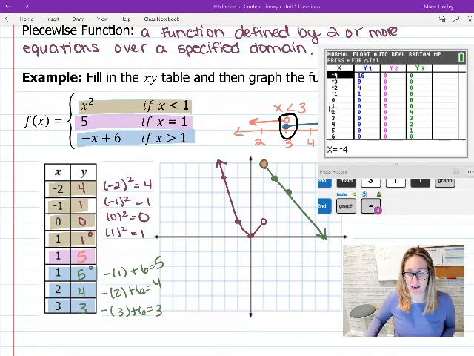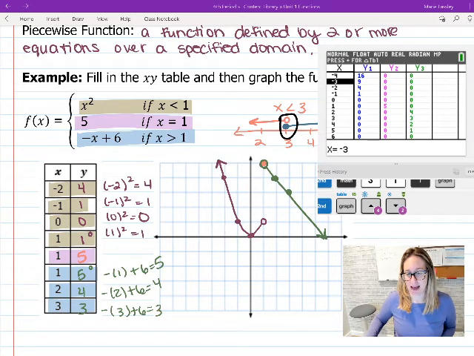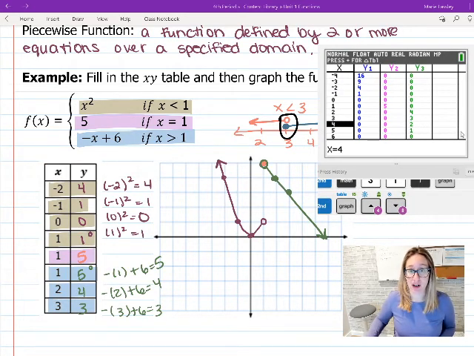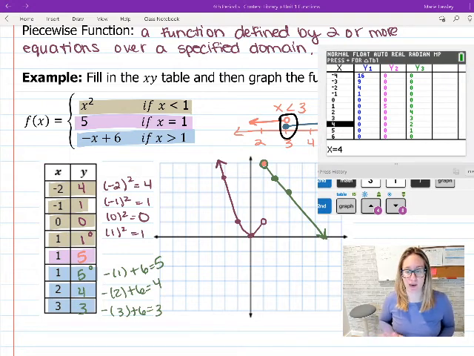When x is just 1, we're using the middle equation. And for values greater than 1, we're using this last equation. So in the table feature, maybe it doesn't do it all the way on the graph, but in your table you can see what is happening at your different values. It's a nice feature.